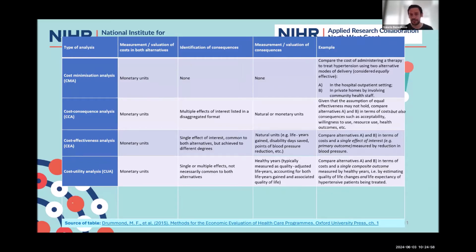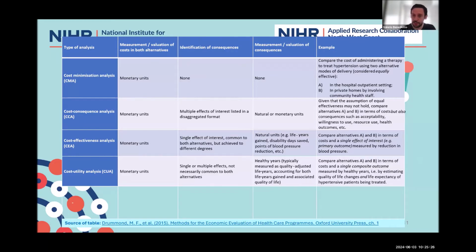We are talking about healthy years, which is an outcome measure which accounts for both quality and quantity of life, and is typically measured by the quality adjusted life years, or QALYs, which I'm sure many of you have heard of before. So in terms of the example, we are comparing alternatives A and B in terms of cost and a single composite outcome, which is the healthy years, or quality adjusted life years.